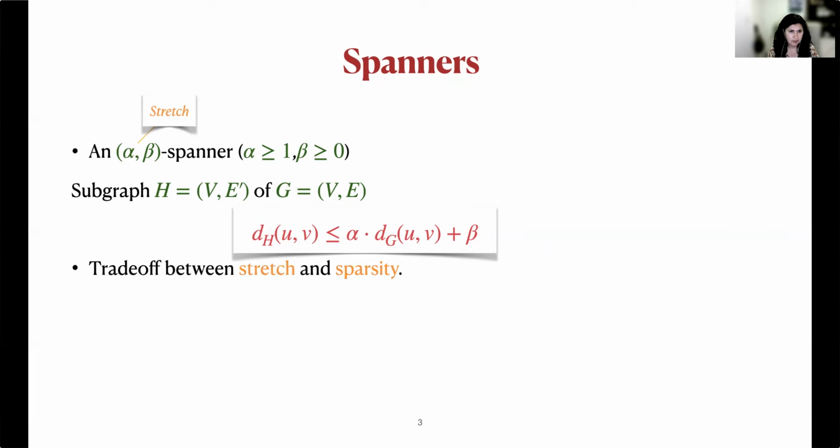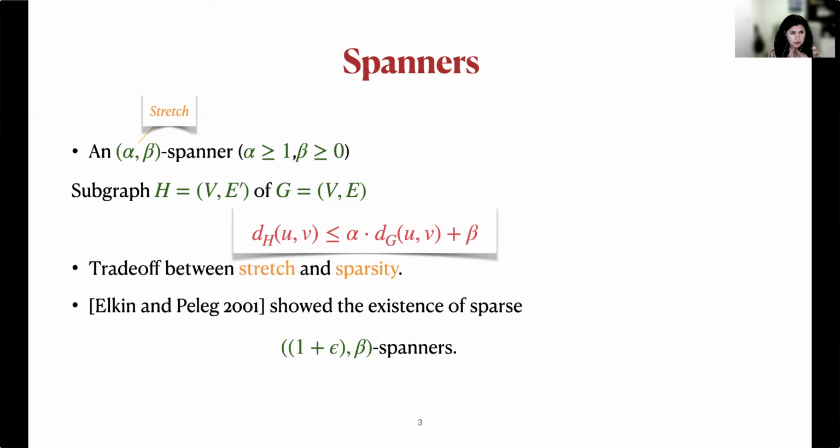The fundamental trade-off in the design of a spanner is between its stretch and size or the sparsity. So for example, for large distances, an additive stretch is much better than the multiplicative stretch, but purely additive spanners are not always sparse.